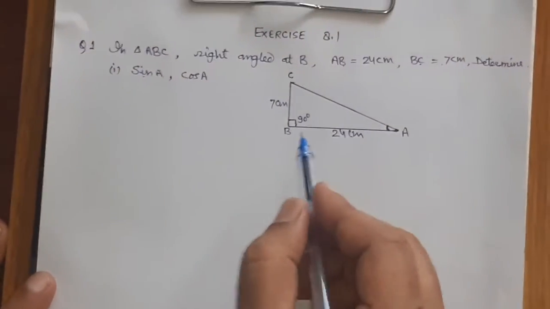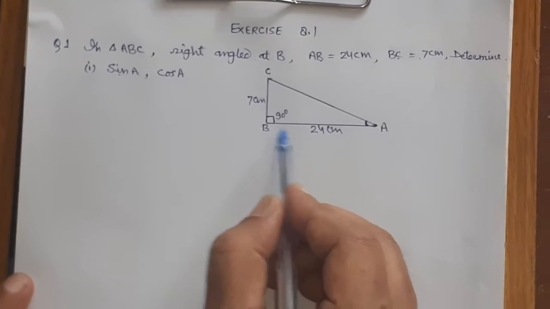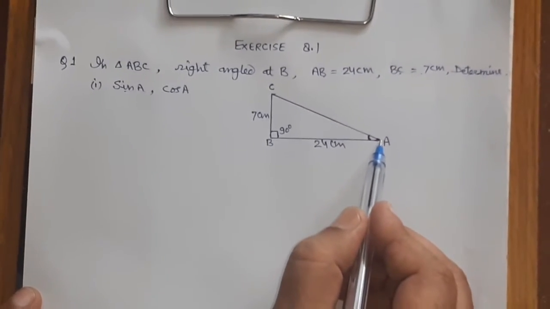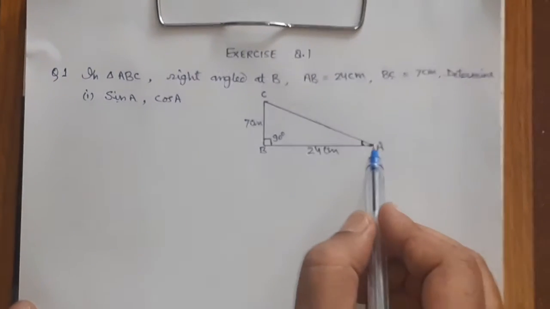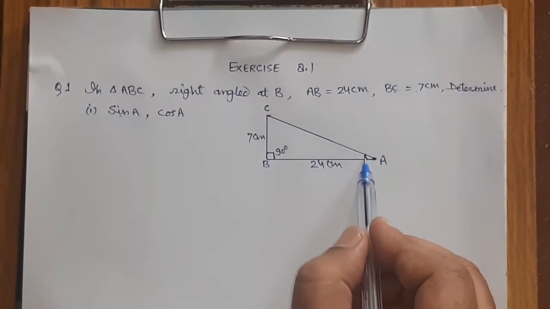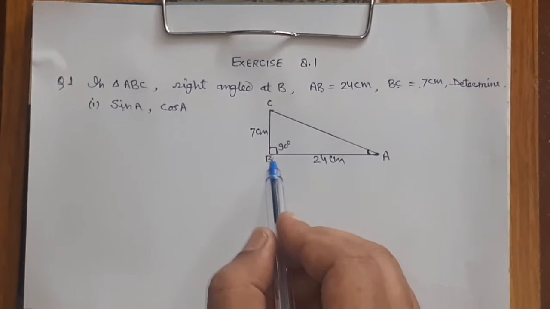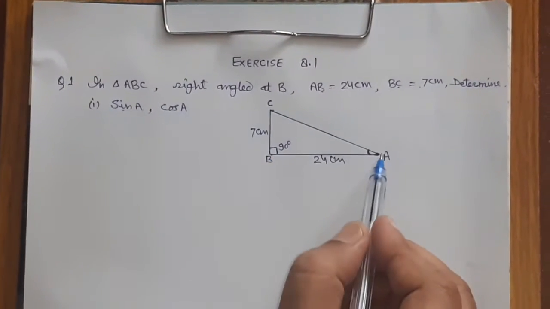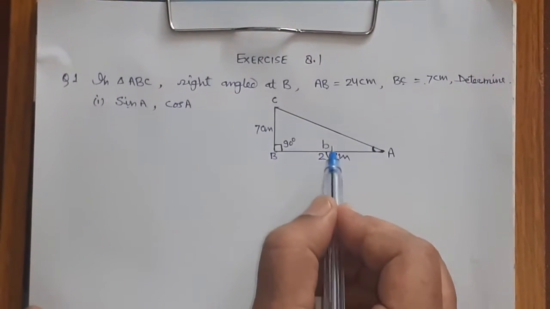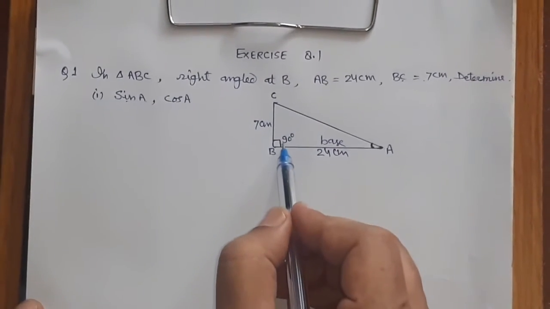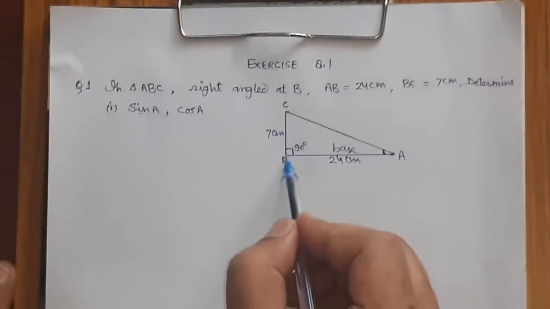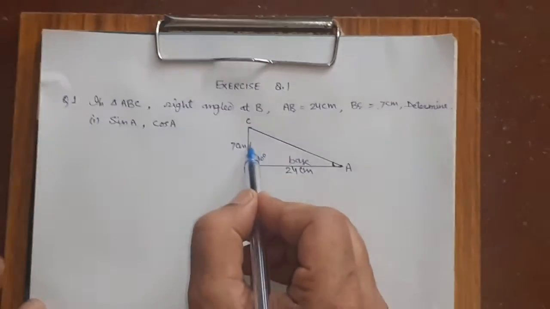Listen student, in right triangle ABC, B is 90 degree and A is an acute angle, so we will consider side AB as base and side BC as perpendicular.